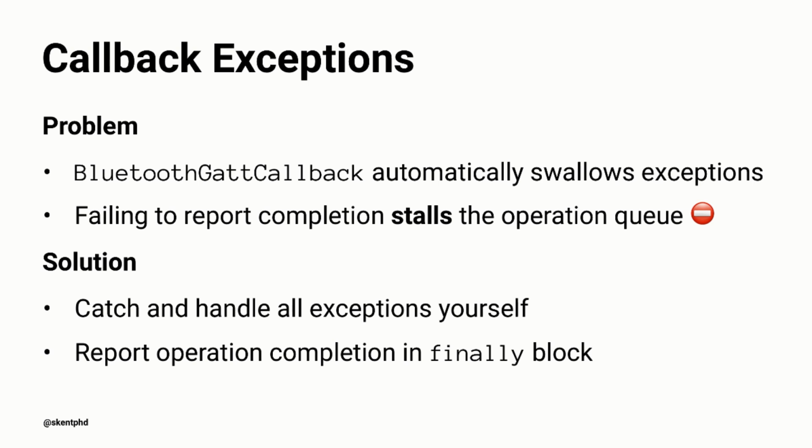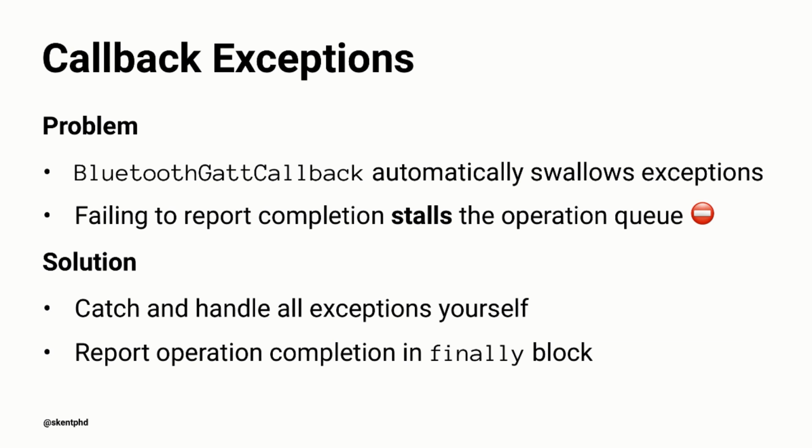The reason this is terrible if you don't know about it is that if that exception is caught by the Android framework, you will never get to the part of your code that says, now tell the queue that my operation finished. And if you never tell that manager that an operation finishes, it's never going to do any other operation because it thinks the one currently in progress hasn't finished yet.